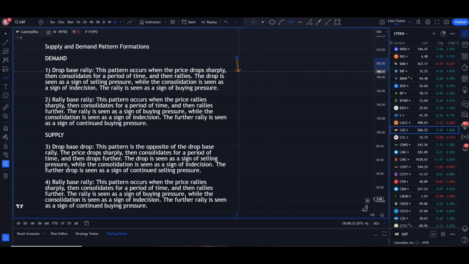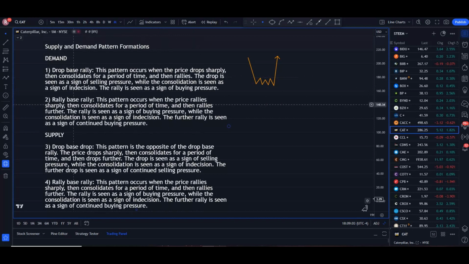So the drop is seen as a sign of selling pressure, while the consolidation is seen as a sign of indecision, and then the rally is seen as a sign of buying pressure.